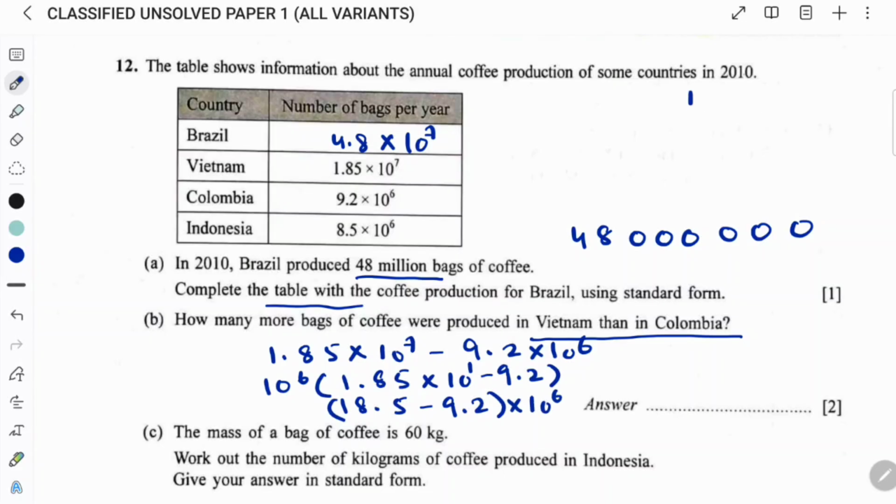So I'm going to subtract 18.5 minus 9.2. That is 5 minus 2 is 3, 18 minus 9 is 9, so 9.3 into 10 to the power of 6.